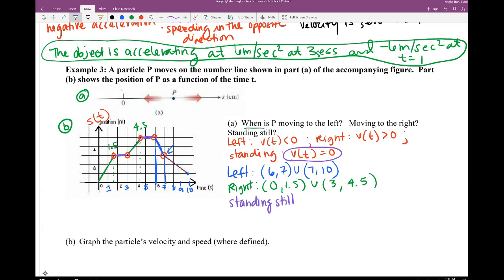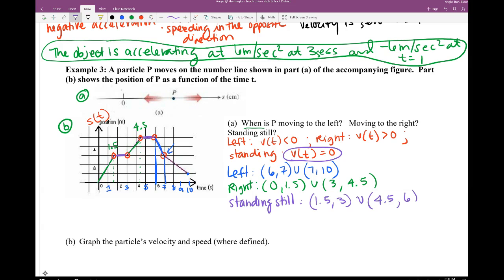So standing still, I have it at 2 places. It's going to be from 1.5 all the way to 3, union that with from 4.5 all the way to 6. So that's all of the spots where it has a negative slope, positive slope, or when it is 0.